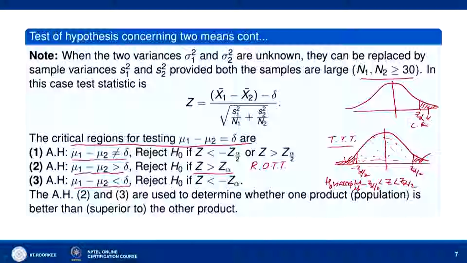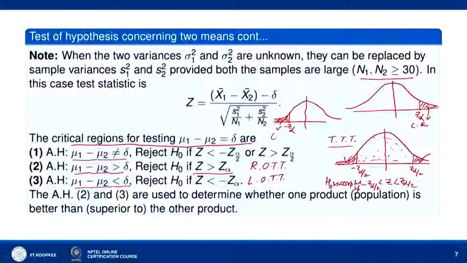When mu1 minus mu2 is less than delta, we apply the left-tailed test. In the case of the left-tailed test, let us say this is minus z alpha, the critical value here, and this is the critical region.